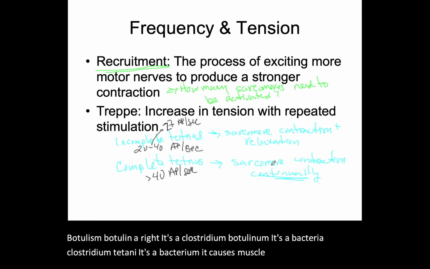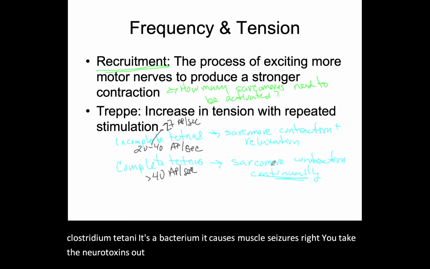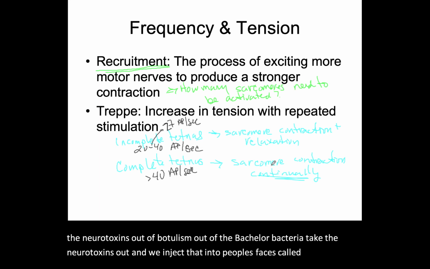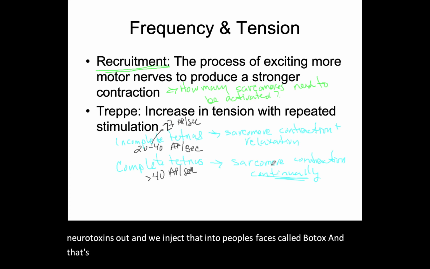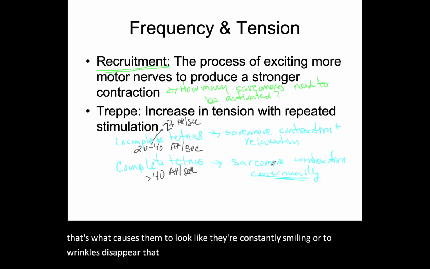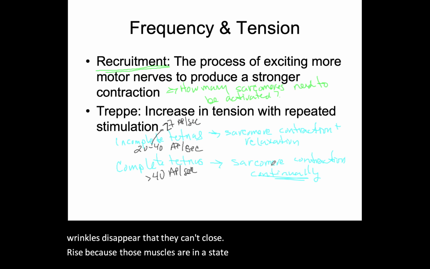You take the neurotoxins out of the botulinum bacteria, and we inject that into people's faces, called Botox. And that's what causes them to look like they're constantly smiling, or wrinkles disappear, or they can't close their eyes, because those muscles are in a state of complete tetanus. It is not the norm by any stretch of the imagination.